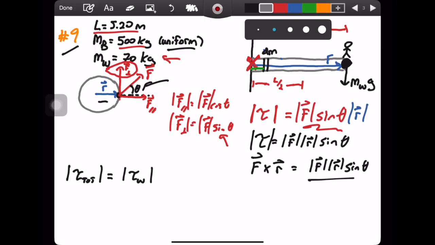If the mass of the beam is 500 kilograms total, then every single little dm is a differential mass element that is just simply 500 kilograms divided by however many differential mass elements. And when you're doing calculus, there's an infinite number of these infinitesimally small differential mass elements where you would integrate over the entire object. If you integrate dm over an entire object, you're going to get m for the entire object.